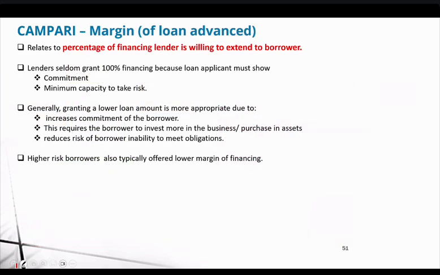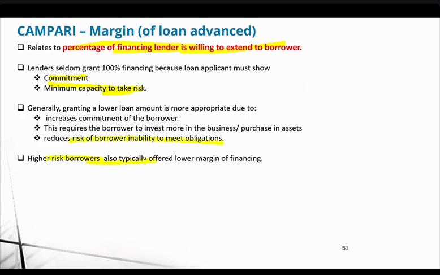Here, margin of advance relates to the percentage of financing lenders are willing to extend to the borrower. Lenders seldom grant 100% financing because the loan applicant must show commitment and a minimum capacity to take risks. Generally, granting a lower amount is more appropriate due to the increased commitment, so they need to invest more and reduce the risk.